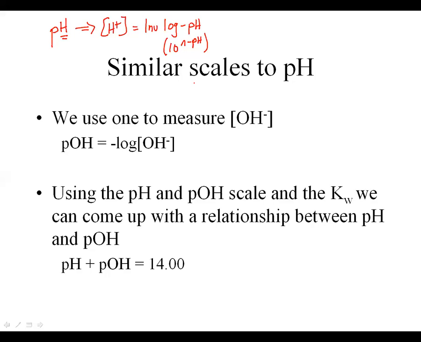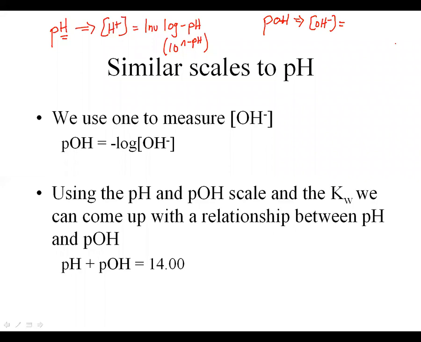Now, you could also, if you're given the pOH, do a similar calculation. You could get the OH minus concentration, and that would equal the inverse log of the minus pOH. So the minus is important on both of these. You want to make sure you don't forget it.